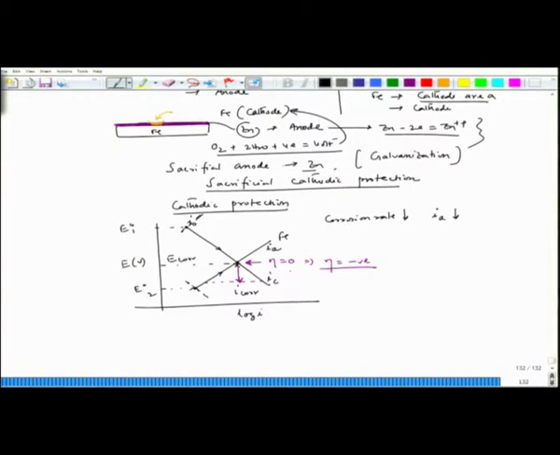Now, this particular point is, let us say, IC prime, and this particular point is IA prime, and if I keep the potential at this value with this negative overvoltage, the cathodic overvoltage, I could see that the corrosion rate which was initially here before polarization, I can reach the new current density of iron dissolution at this point.